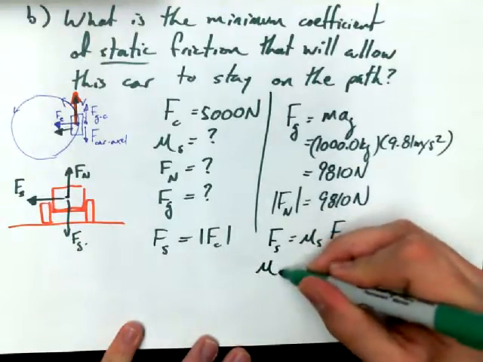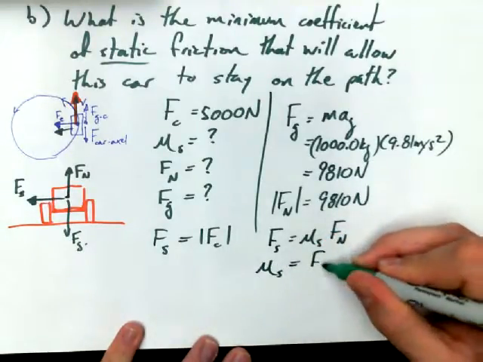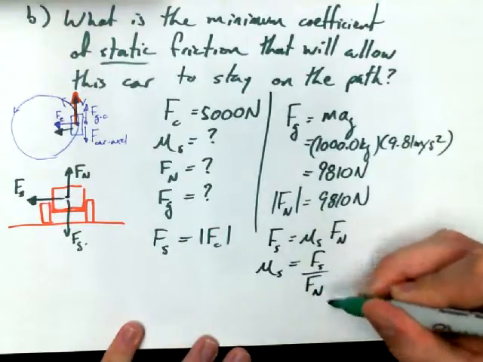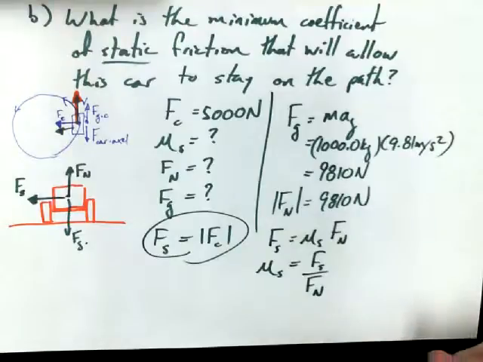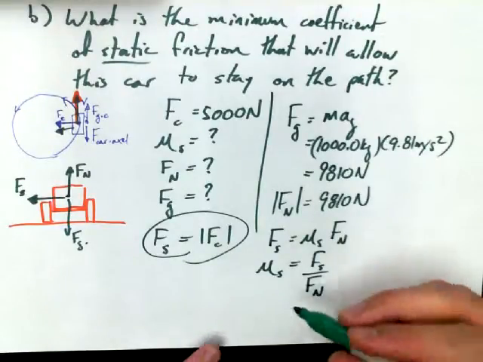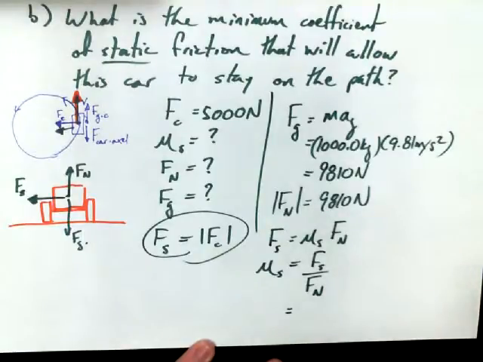Mu s all by itself could be expressed as mu s equals Fs over Fn. And now we've claimed already that Fs's magnitude would be equal to the centripetal force magnitude. So I could just sub in the value there.